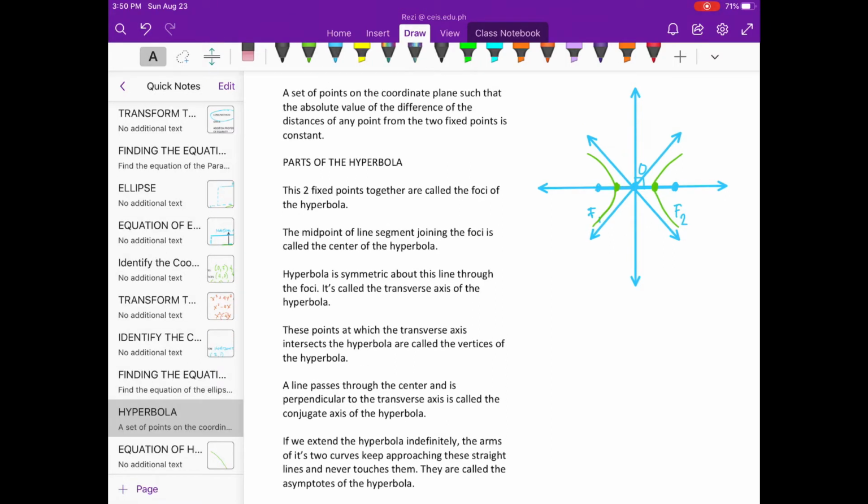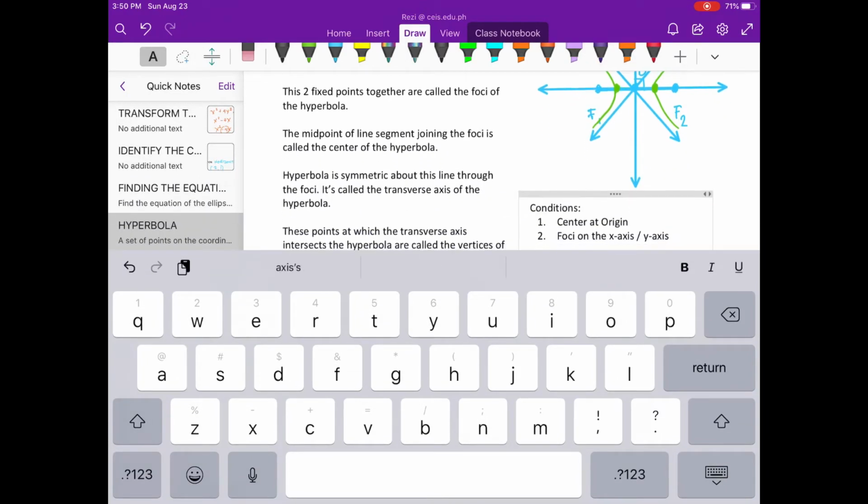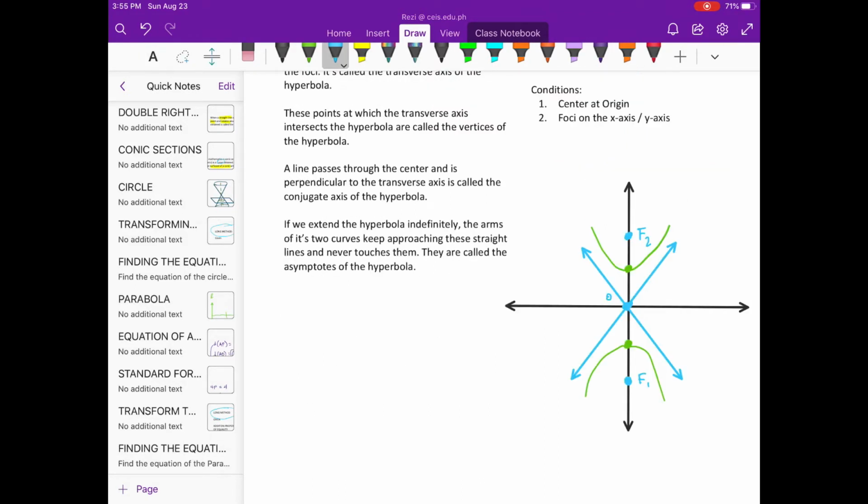We can see that this orientation of the hyperbola satisfies these conditions. Here the foci are on the x-axis. However, this is only one of the possible orientations of the hyperbola satisfying these conditions. The other is this.